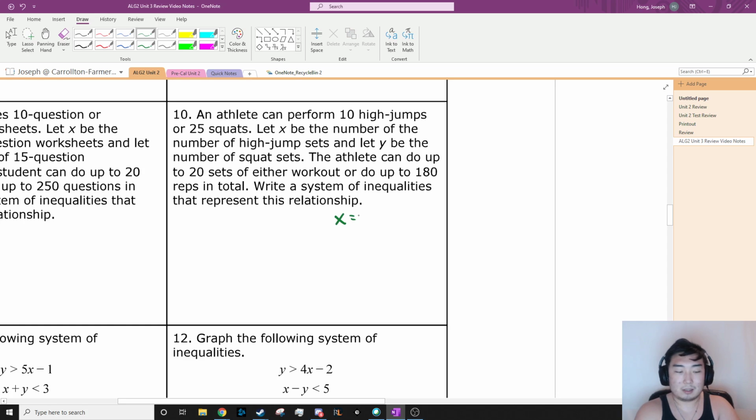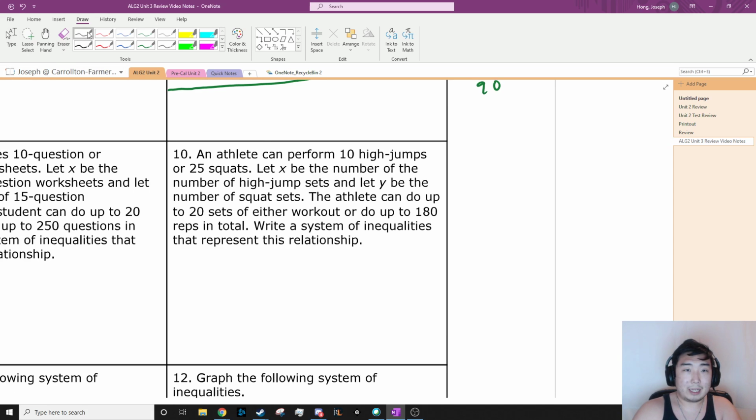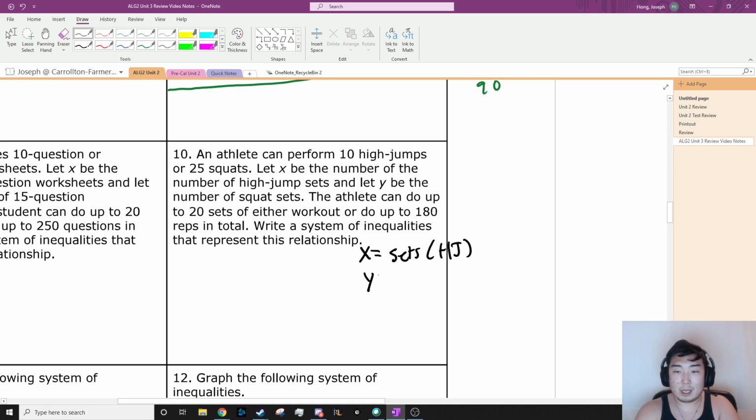So x is equal to sets of high jumps, and let y equal sets of squats. The athlete can do up to 20 sets of either workout, or do up to 180 reps in total. So write the system of inequalities that represent the function.